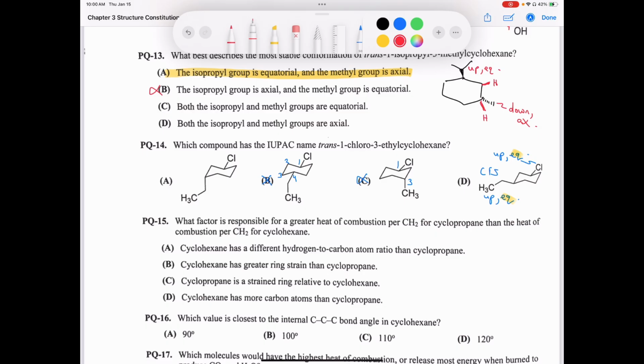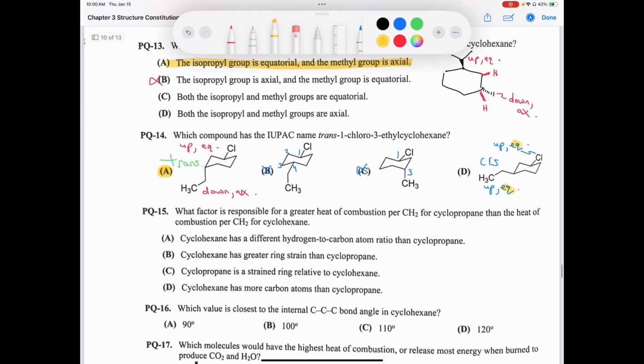But in A, you can see that the chlorine is up and equatorial, and the ethyl group is down and axial. So one is up and one is down. And so this is a trans compound. And so the answer is A.